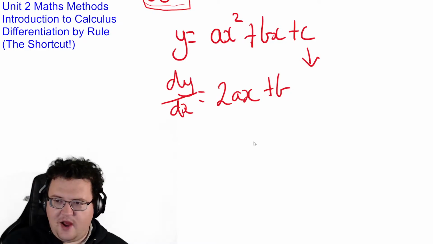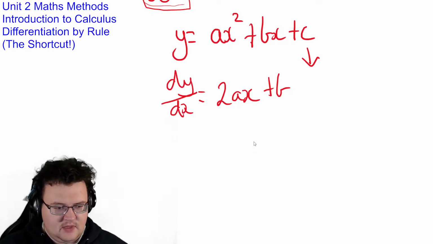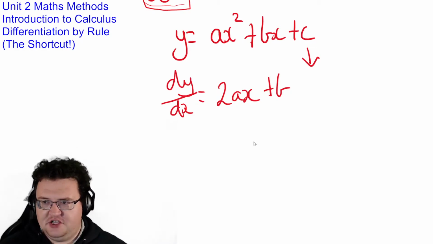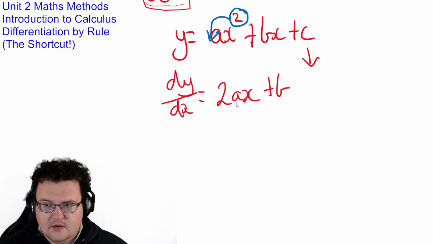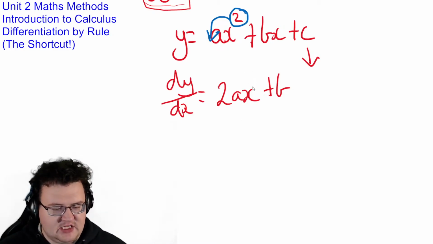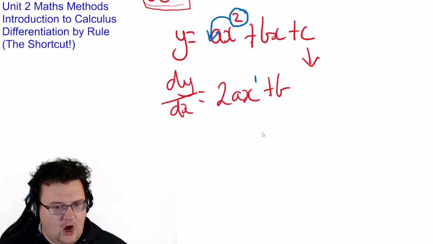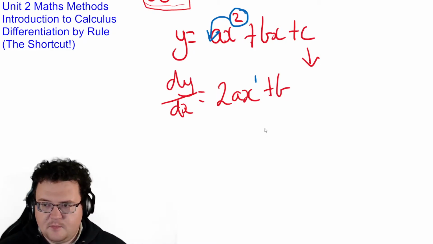Instead of x squared, it's 2x. So the exponent changed to a coefficient. This 2 came down the front. So what's the new power of the x in the derivative? It's 1. So is that higher or lower? Well, it's lower.